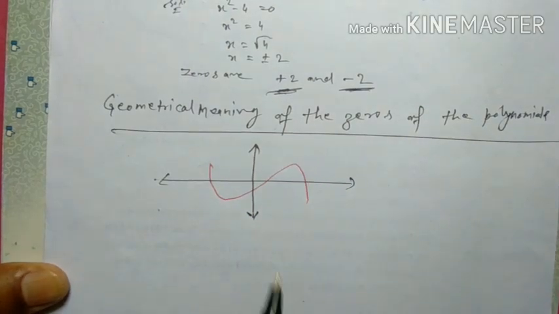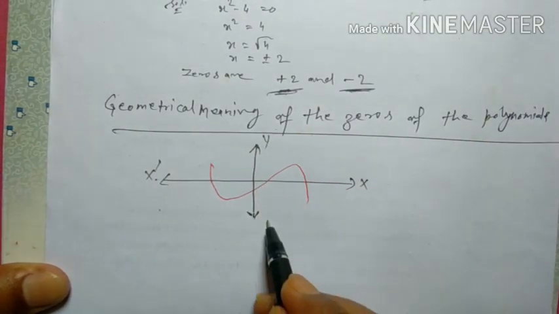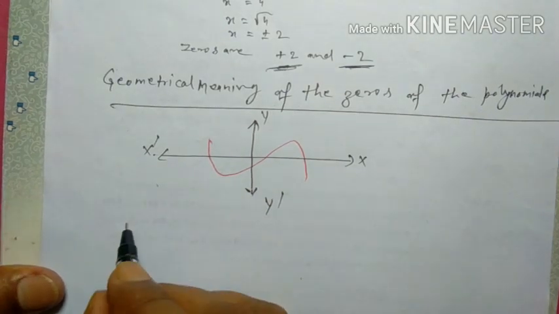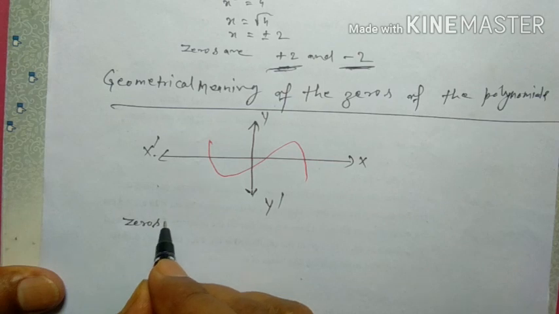Suppose this is a graph, say X'X and Y'Y axes. So what are zeros?